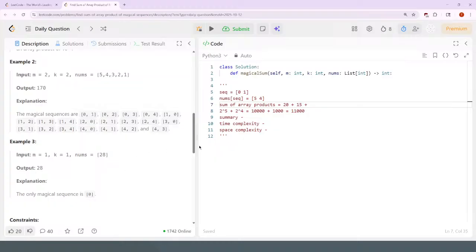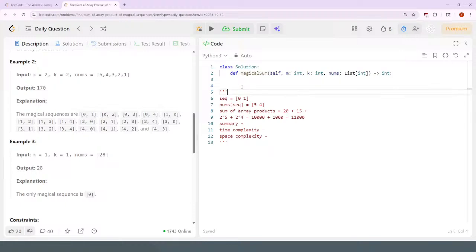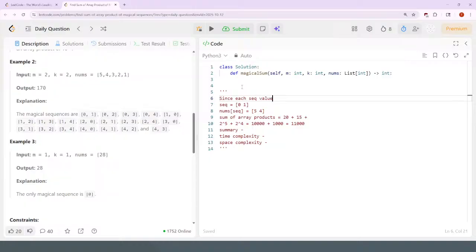Okay, so since each sequence value gives a bit... no, sorry, it's not 5 choose 5. It's permutations.